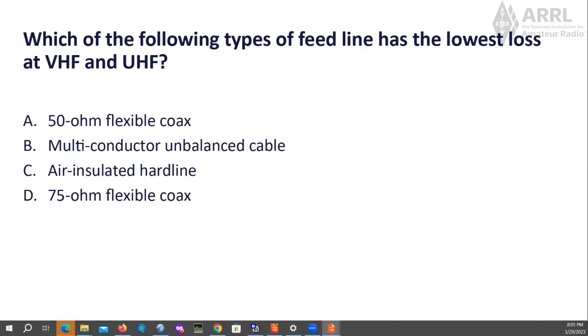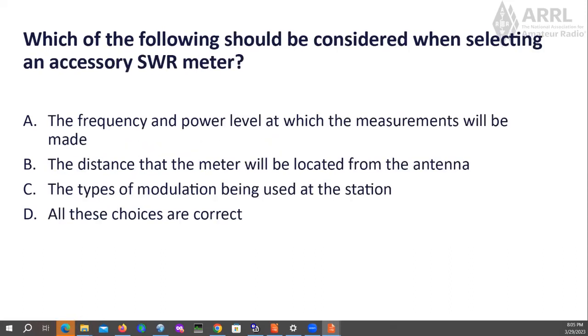So, which of the following types of feed line has the lowest loss at VHF and UHF? That's C, air insulated hardline. Seldom you see it used, and it's very expensive. But the question answer is air insulated hardline.